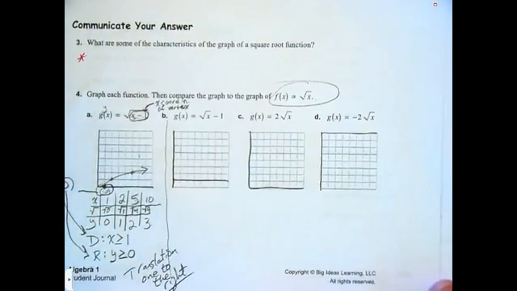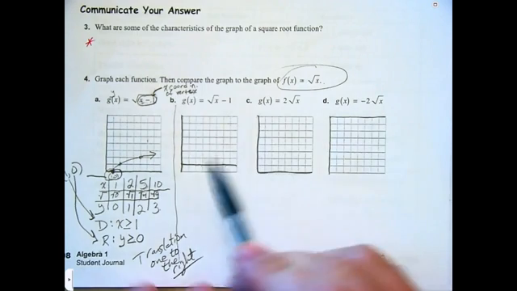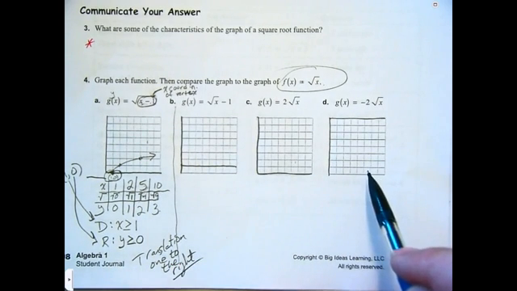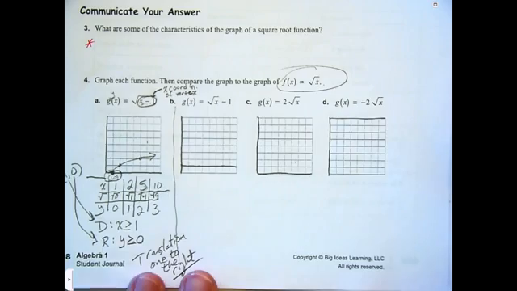Hey guys, these problems right here, everyone have these axes drawn? You're going up by ones. Get those axes drawn right now.